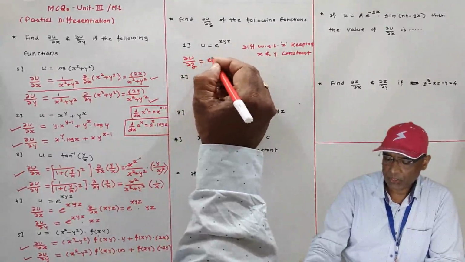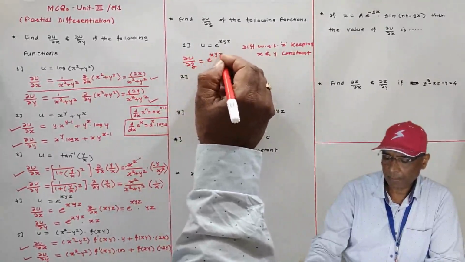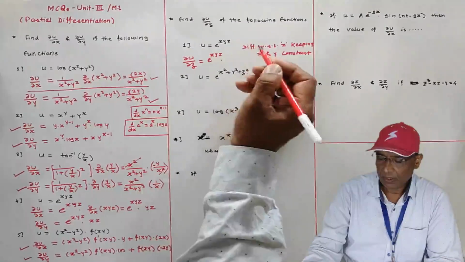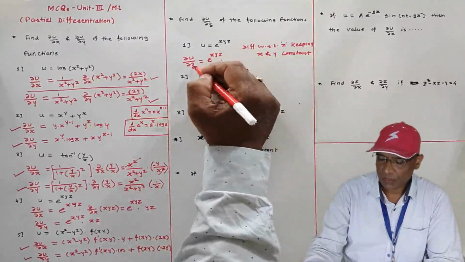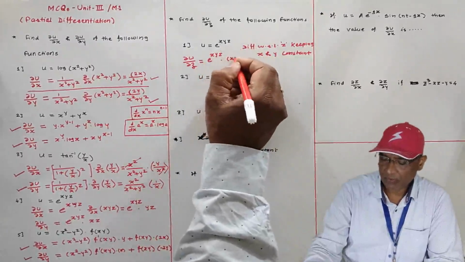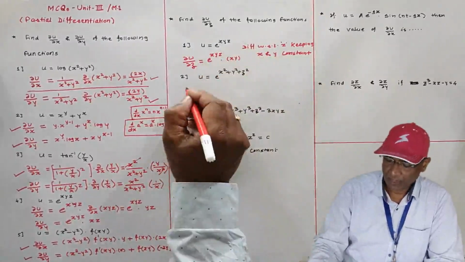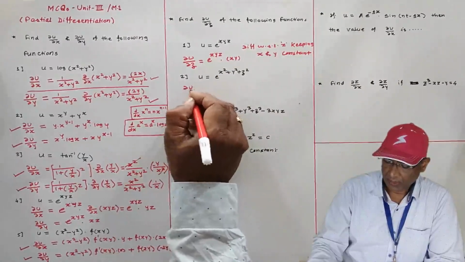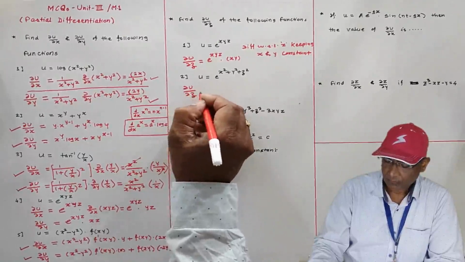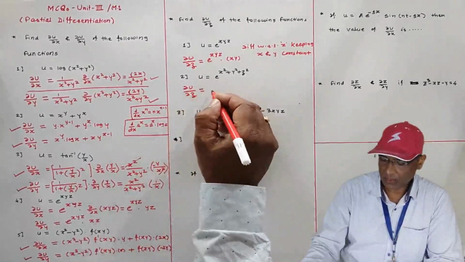Derivative of exponential is as it is, and derivative of xyz with respect to z is xy, because derivative of z is 1 and xy will be multiplicative constant. Here again, derivative with respect to z, keeping x and y constant.